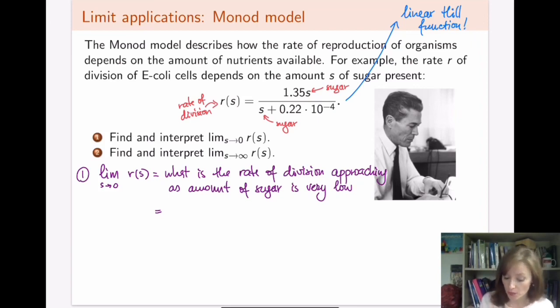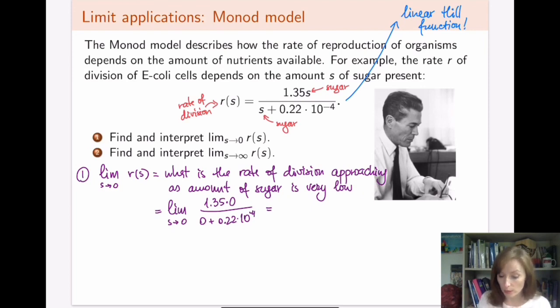Okay, so if this is a linear Hill function, I'm trying to compute what happens at 0. First rule of limits, plug it in. Let me first rewrite the limit: limit as s goes to 0. If I plug in 0 for s, what's going to happen? 1.35 times 0 over 0 plus 0.22 times 10 to the minus 4. What does that equal?